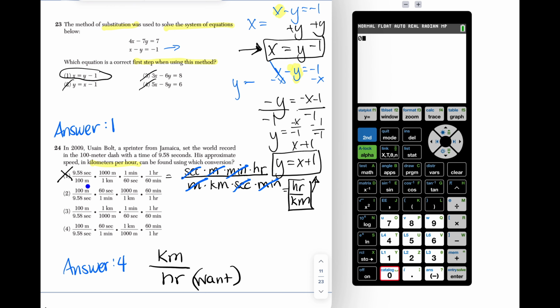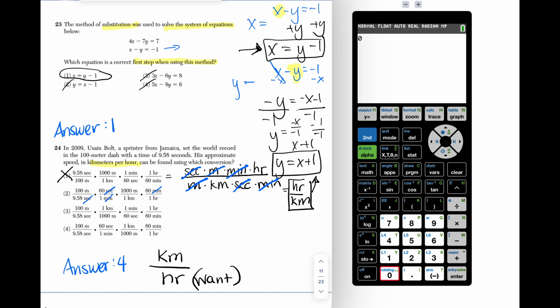Like I have here, meters times seconds times meters times minutes. Here I have seconds and seconds, so I'm just going to cross those out. Then the next one I have is minutes, so I can cross out minutes and minutes. And then I have kilometers.